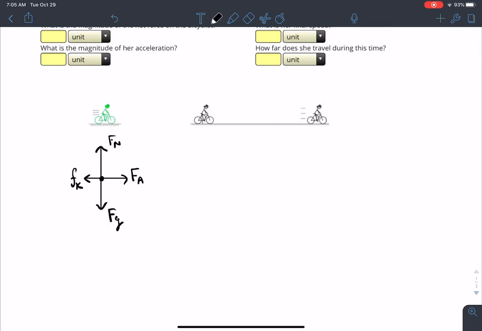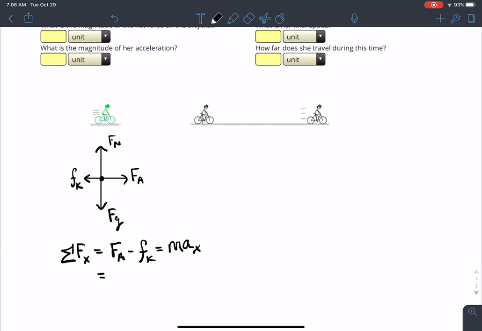After you have a free body diagram drawn for the system, the second step is always to use Newton's second law and analyze the forces. So we'll do the sum of the forces along the x direction first, the horizontal. That's equal to the force applied minus the force of kinetic friction, and that's all equal to mass times acceleration in the x direction.